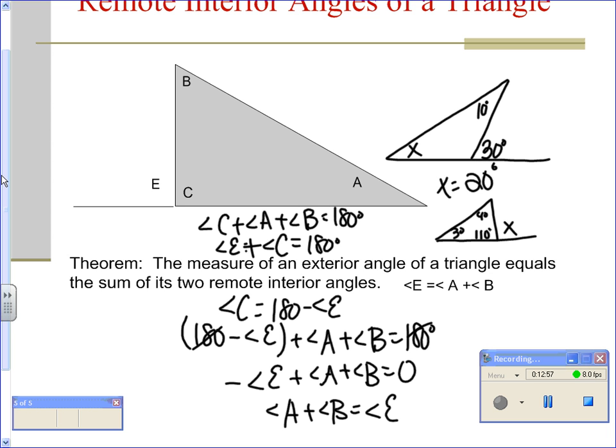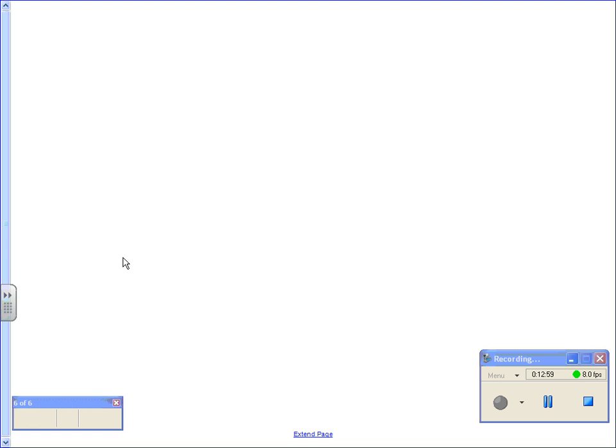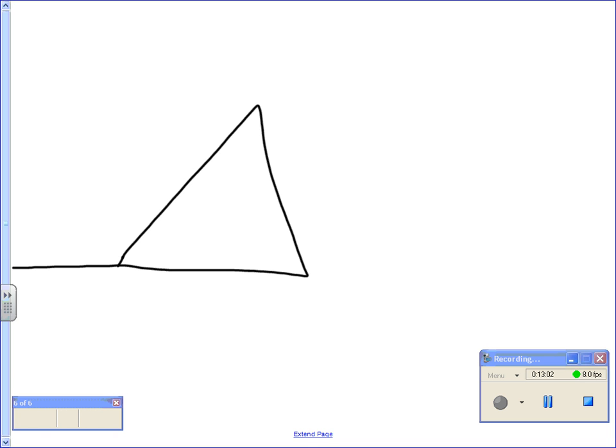Does that make sense? Okay, let's try to. Obviously, these are not necessarily drawn to scale, so don't use that. But you could have used 80 and 30 plus that equals 180, either one, right? If they don't give you that, does that make sense?